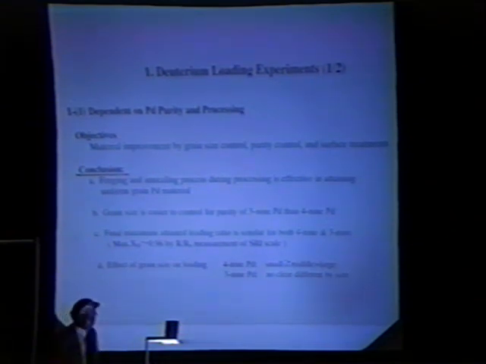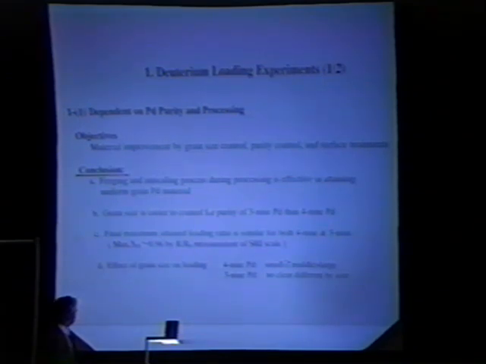The conclusion of these items is that forging and annealing during processing is effective in attaining uniform grain size in palladium materials. And this size is easier to control for the purity of 39 palladium than 49 palladium. The final maximum attained loading is similar for both 49 and 39.